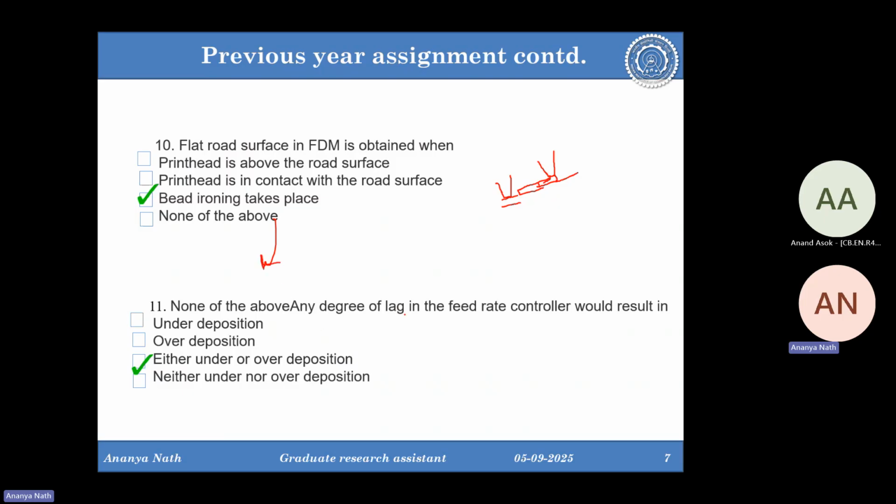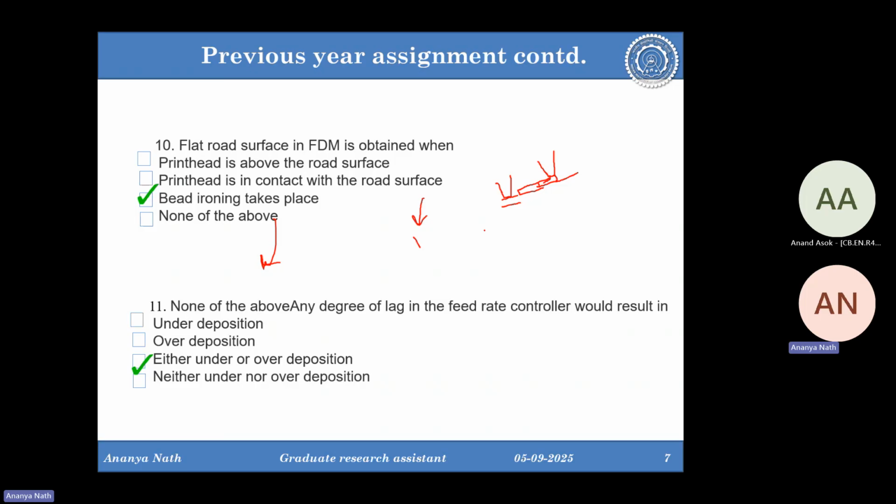Any degree of lag in the feed rate controller would result in either under or over deposition. Feed rate is basically how much wire you are giving to the pinch roller, and how much wire is coming out of the pinch roller. If there is any lag in it, then obviously it will result in under deposition.